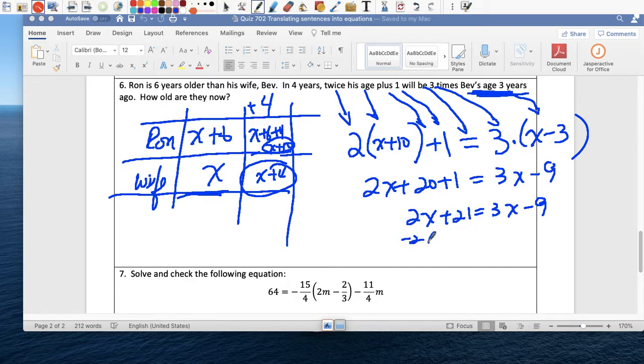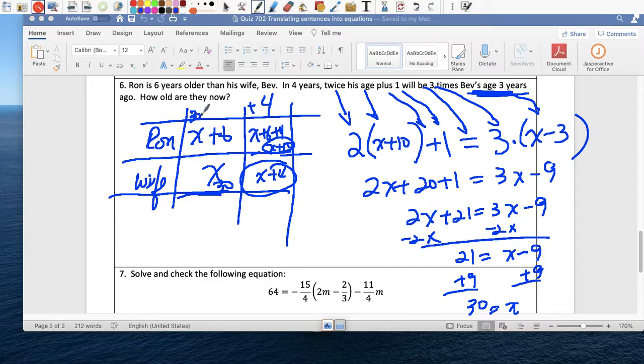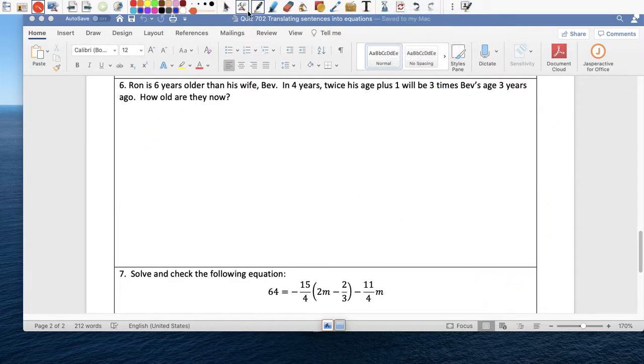Let's subtract 2x from each side. You get 21 equals x minus 9. I'm going to add 9 to both sides, which makes the wife 30 years old, and Ron is 30 plus 6, which makes him 36.